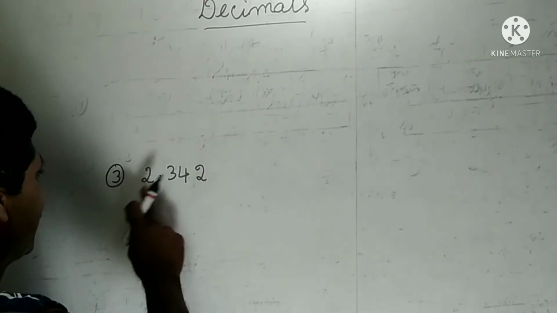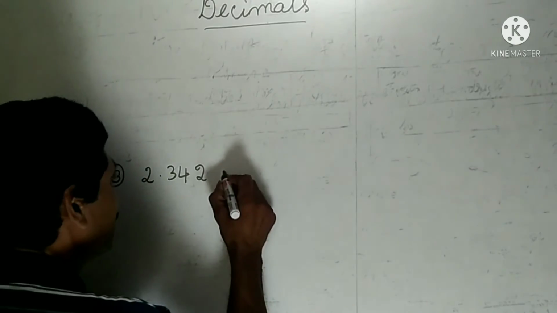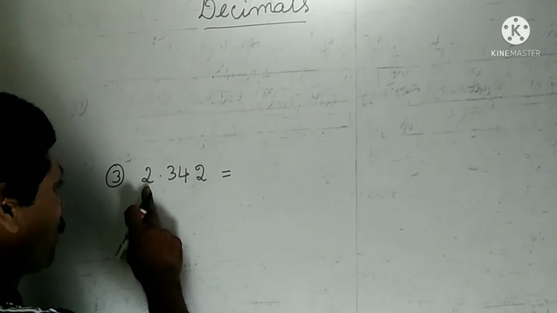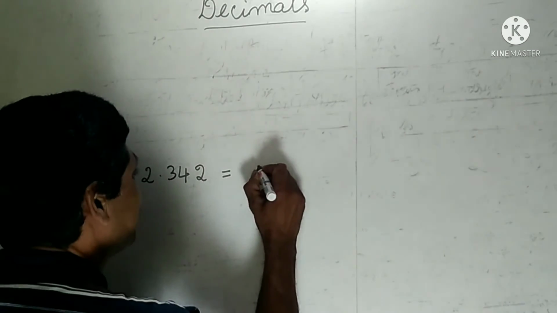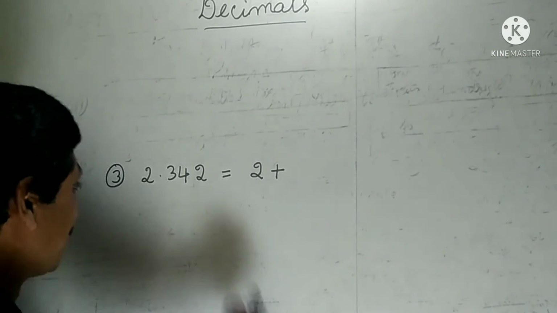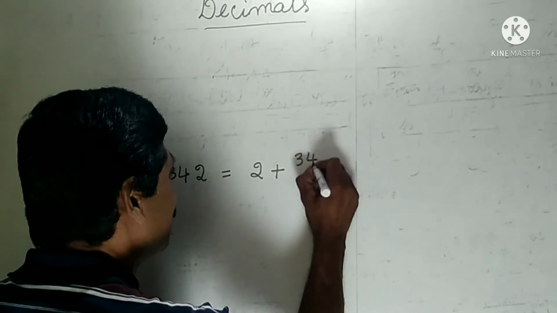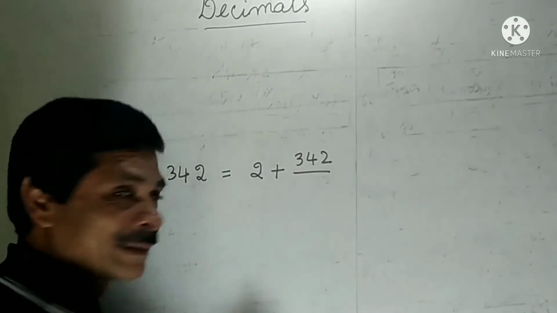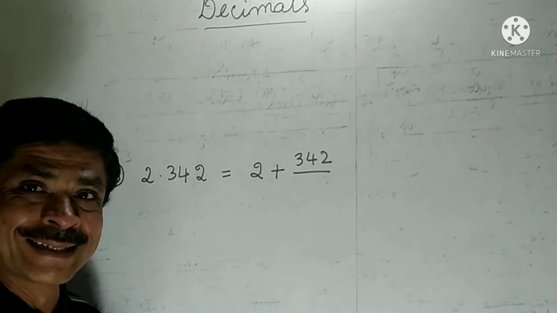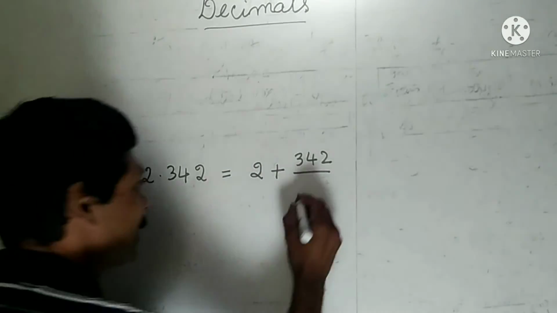So the third one, 2.342. This is equal to, first let us take the whole part, 2 plus, we'll remove the decimal point and write 342 by, after the decimal point there are 3 digits, so in the denominator 3 zeros should be there.